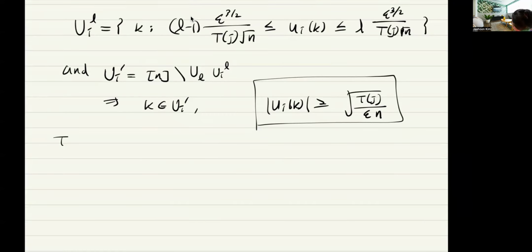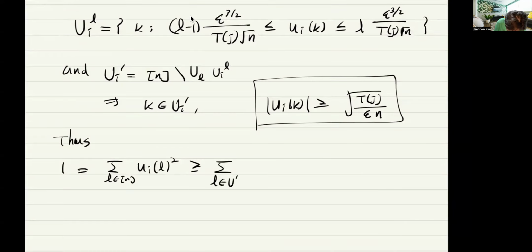So this shows that this cannot be too large, because what? We know that for u_i, if you add all the coordinates squared, that's the size of this vector, that's 1, because this is also a normal vector. And this is at most, for all this u prime i, you add the square of this.